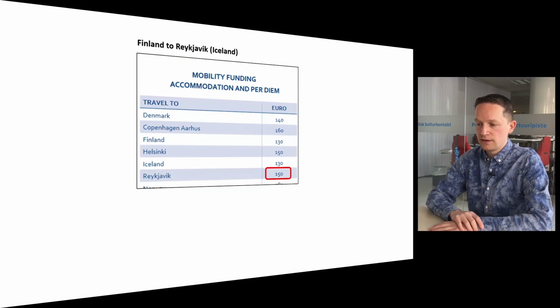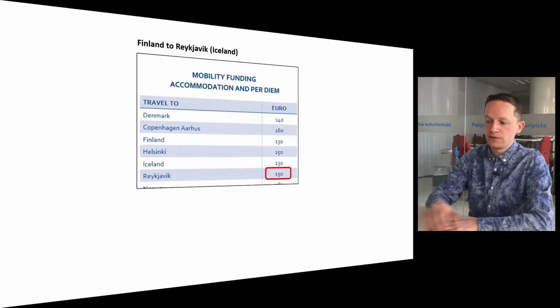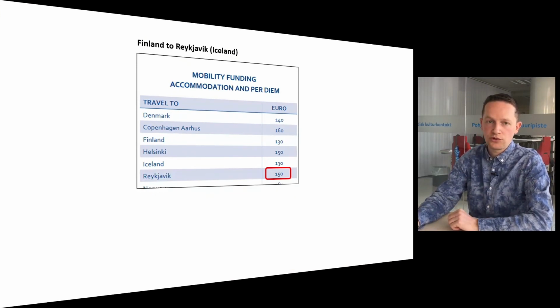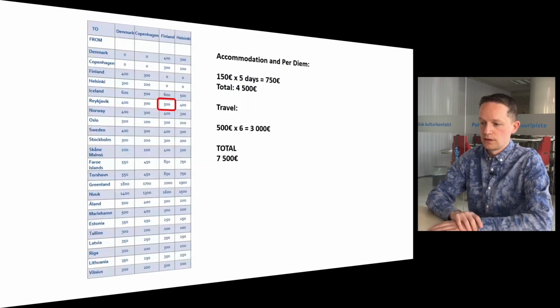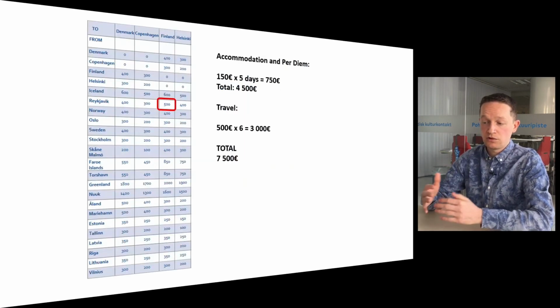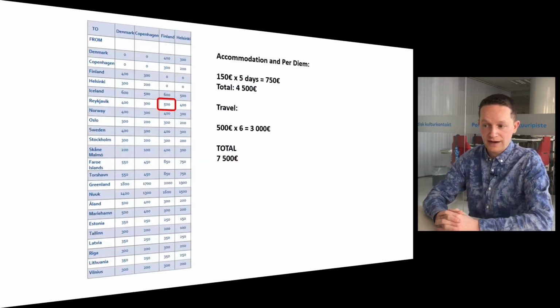The second example I'll give you is a group traveling from Finland to Reykjavik, Iceland. So once again, look at the accommodation and per diem compensations. For Reykjavik, it's 150 euros. And this is an example of a group of 6 people traveling for 5 days.